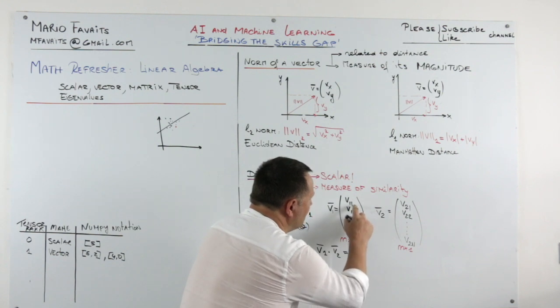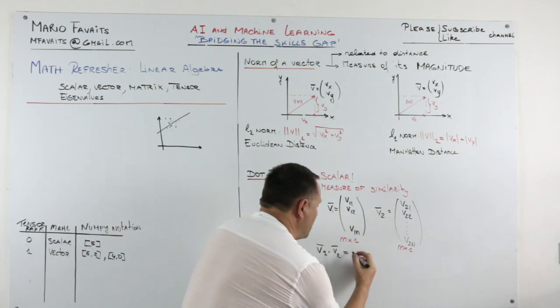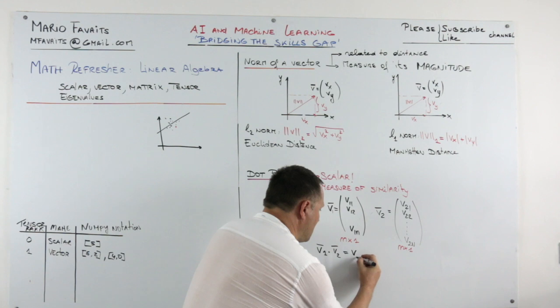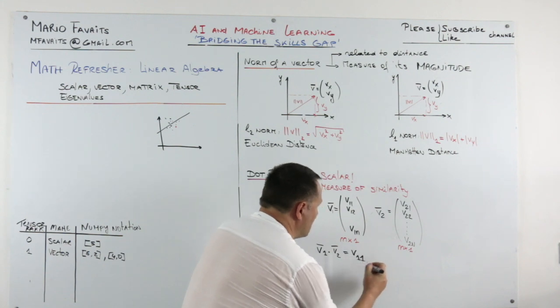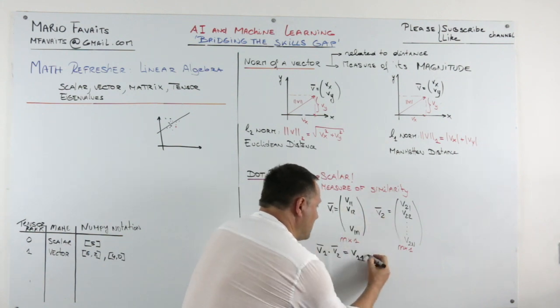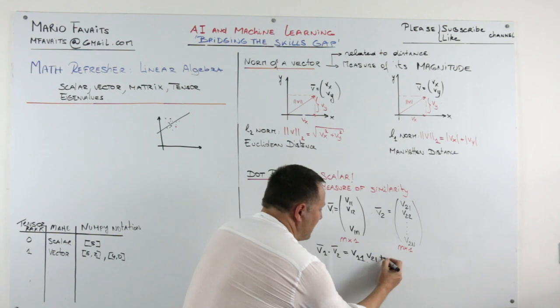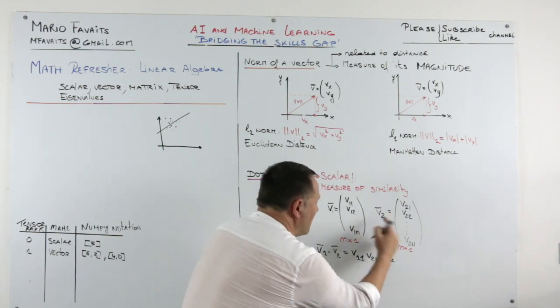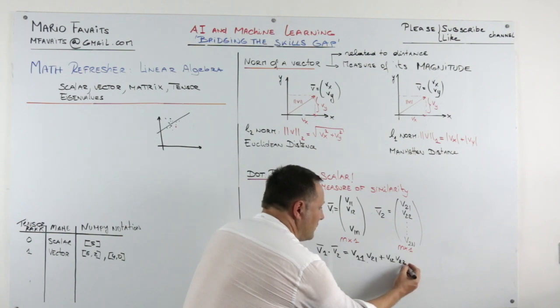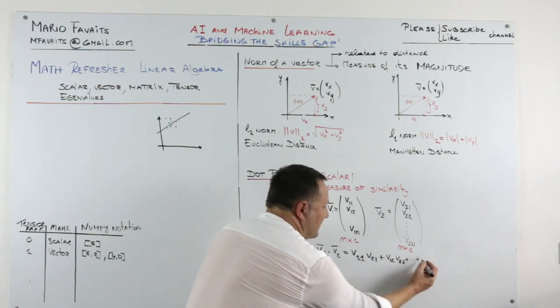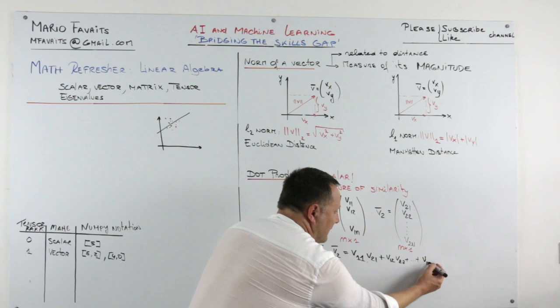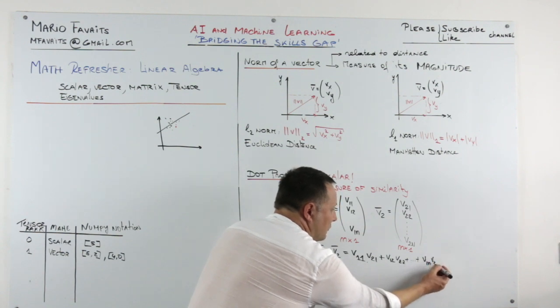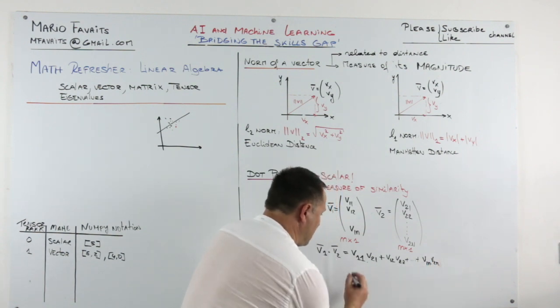Well, we do v11, v21 plus v12, v22 plus all the way to v1n, v2n.